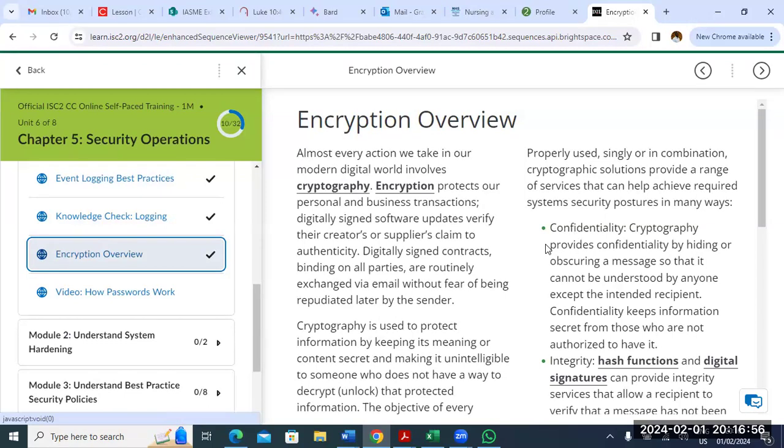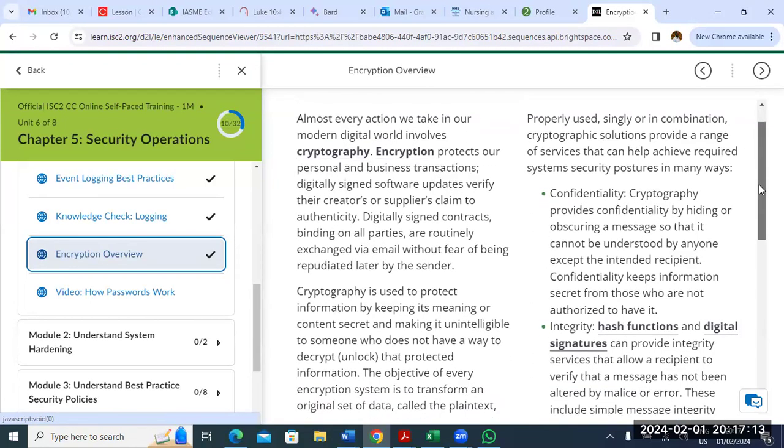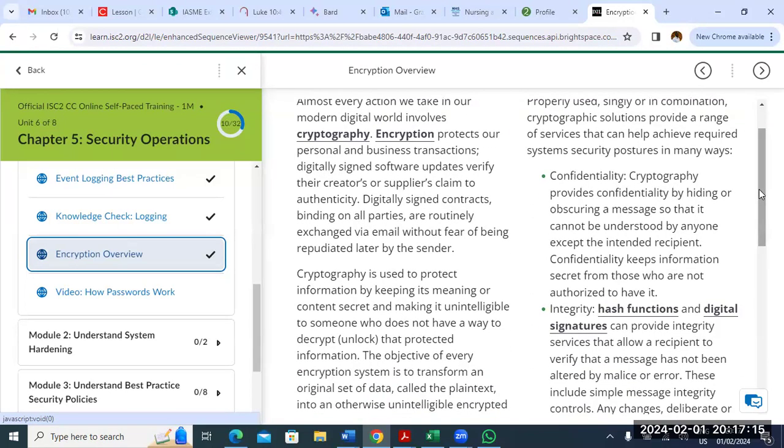Data must be encrypted. Almost every action we take in our modern digital world involves cryptography. Encryption protects our personal and business transactions. Digitally signed software updates verify their creators' or suppliers' claim to authenticity.